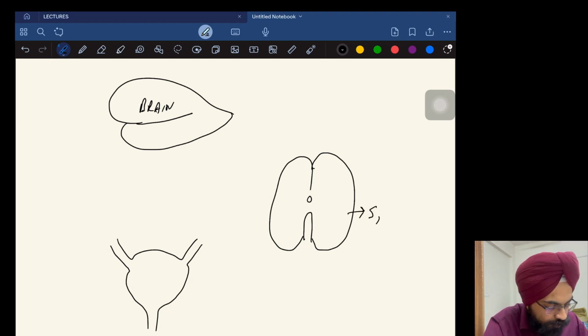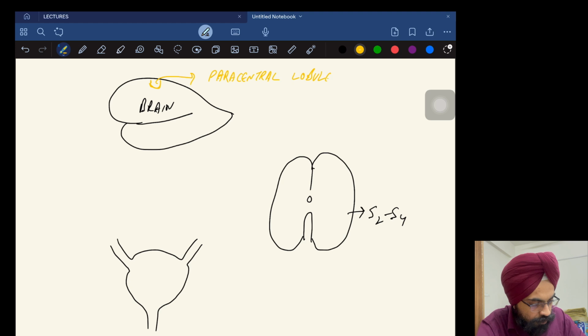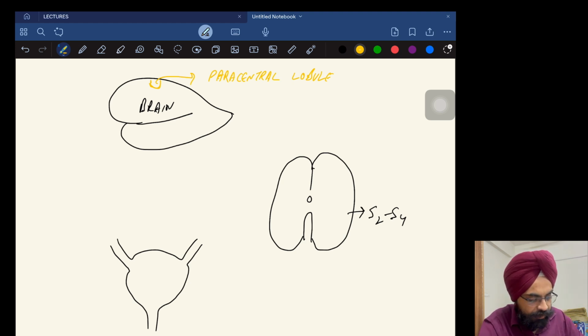So the spinal center of micturition is at S2, S4, and in the brain, on the medial surface, you have something known as paracentral lobule that is basically providing the voluntary control of micturition. Otherwise, if it had been under the control of the spinal cord, kids keep urinating all the time, that would keep happening, okay?